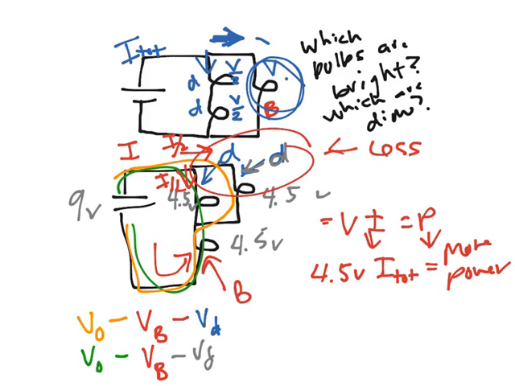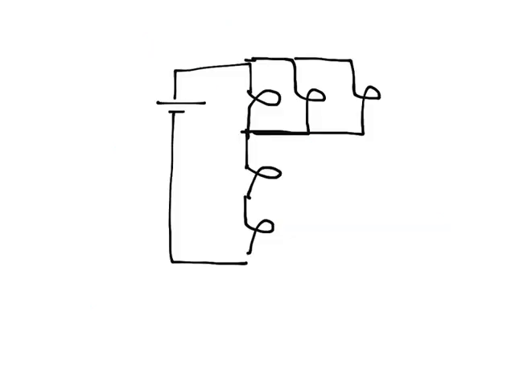Alright, let's try another one. Alright, so we can answer which one is bright or dim. And this one, honestly, they're all going to be pretty dim, depending on what kind of battery you have.